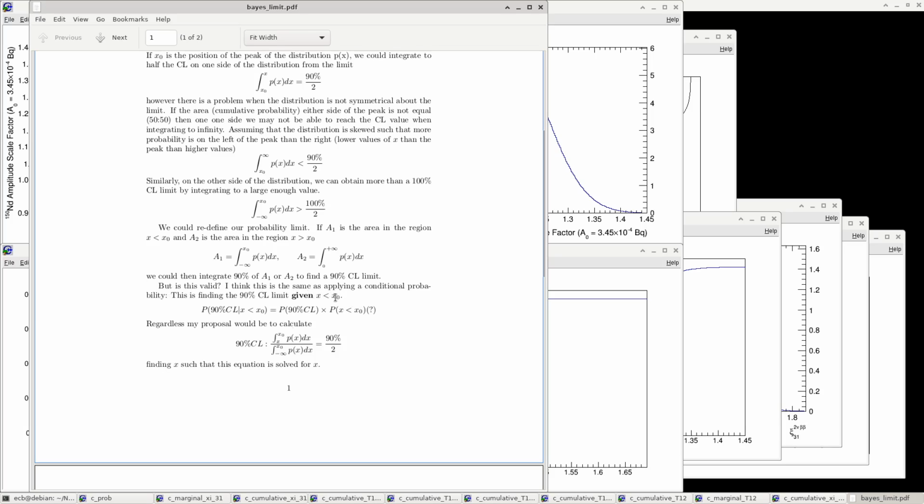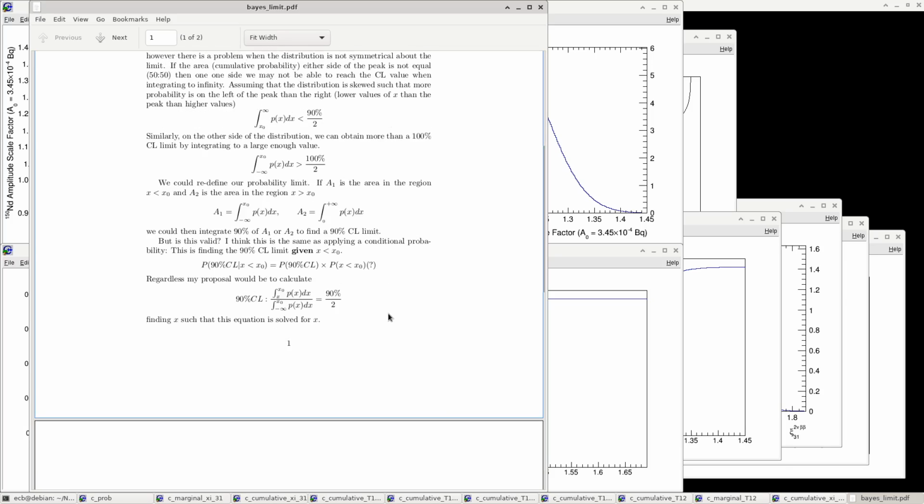So given that x is less than the peak, we find the 90% probability given this, and I think it's just multiply. Maybe this is not the best notation, maybe this is not the correct way to write what I'm trying to describe. My point being that you would calculate this thing here.